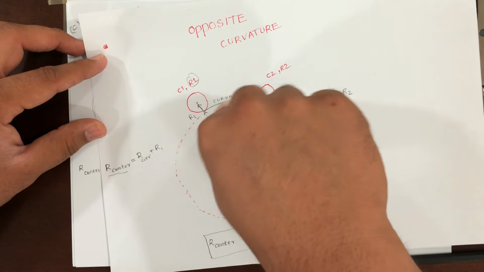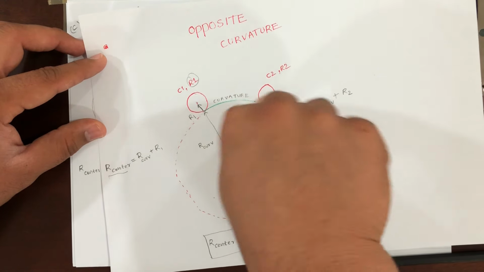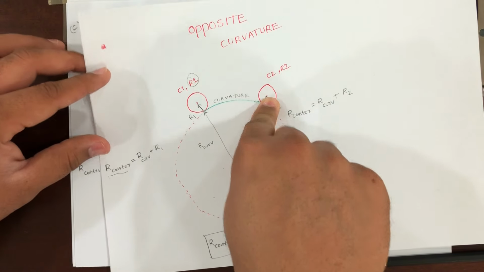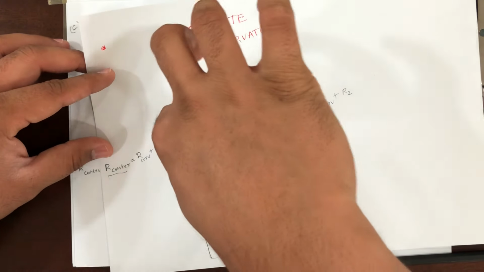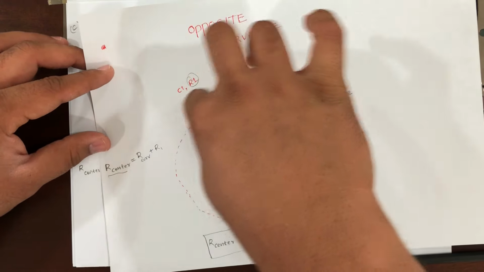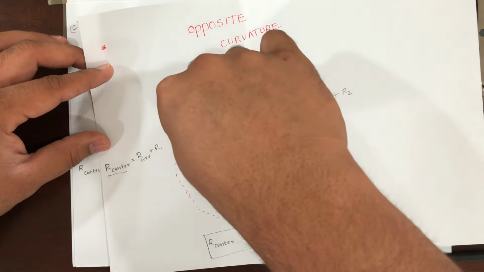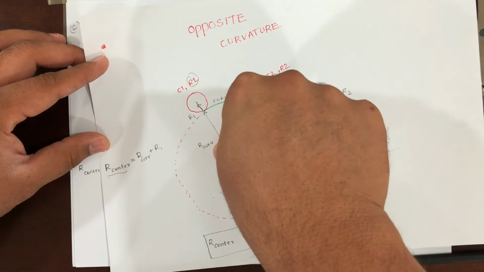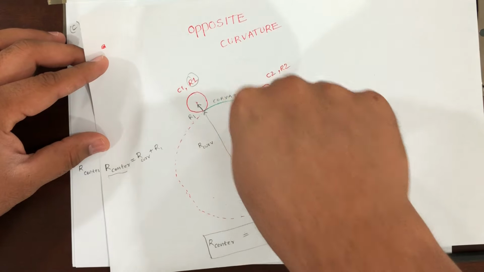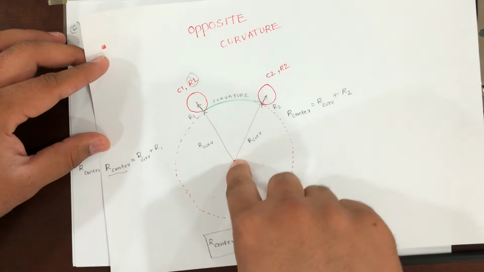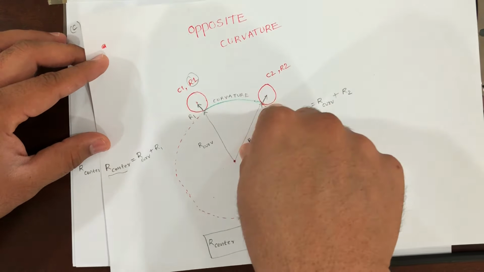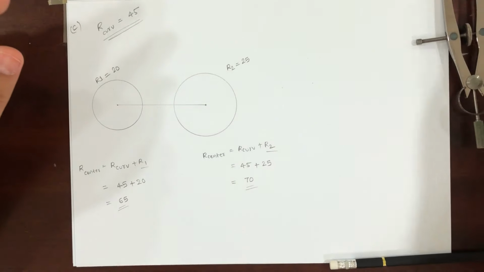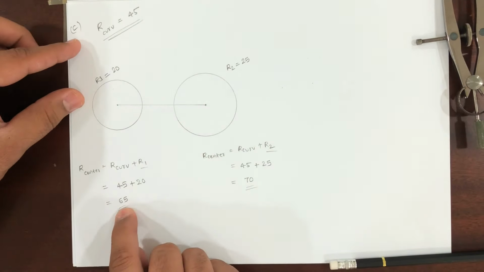If you have the center, you can simply draw the arc. So in order to find that, you measure R center here, then you make one arc here and intersect the arc from here, then you will get this point. From this point you can simply draw it.